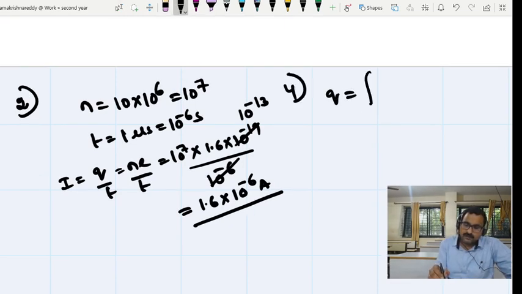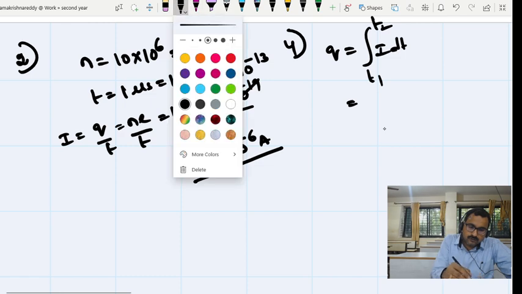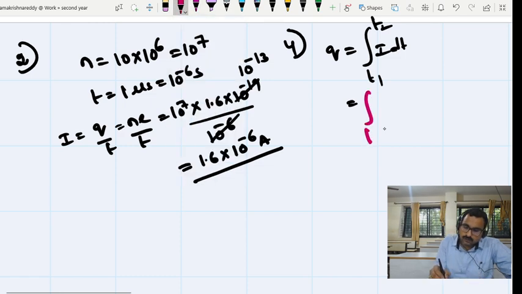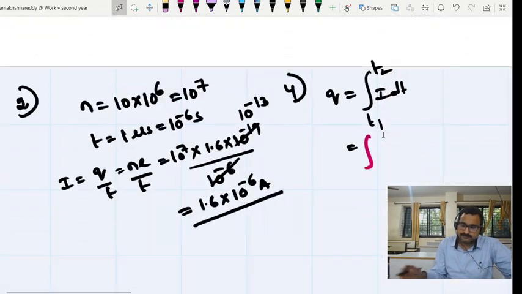So Q is the integral from t1 to t2 of I dt. The values given are t1 to t2, 2 to 6, of 4 plus t dt.